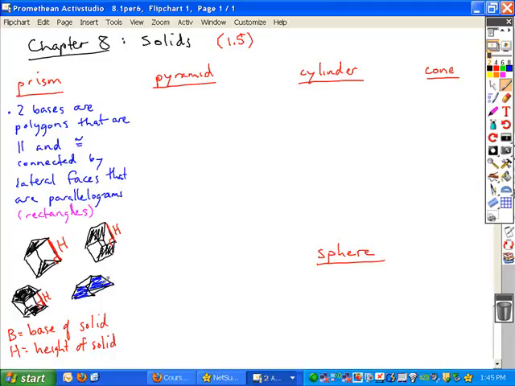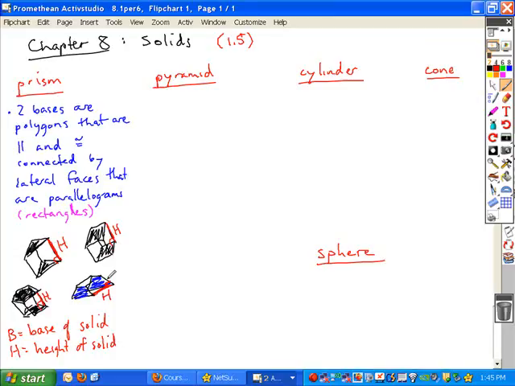Remember, the bases do not have to be top and bottom. They can be left and right, front or back. As long as they are parallel and congruent and connected by parallelogram or rectangular faces, the height is still the perpendicular distance between the two parallel and congruent bases.